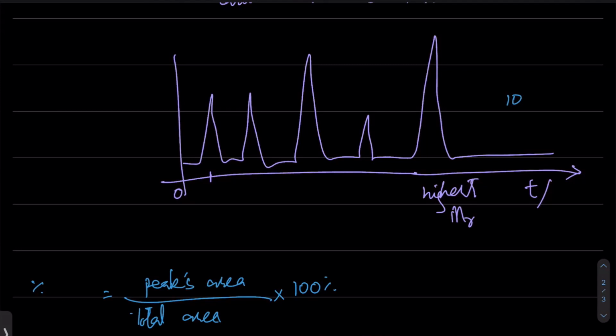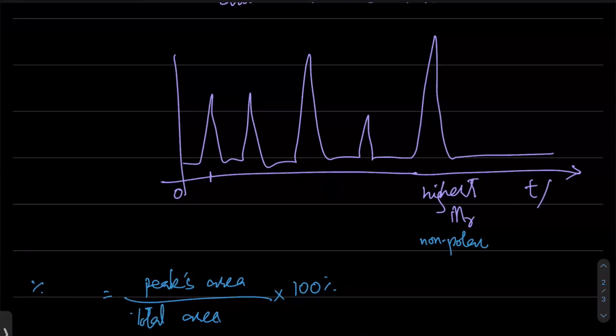Again, just to gauge which one will have lower retention: of course MR plays a role, but van der Waals forces also play a role. If something is heavier then obviously it will come late, but also if it is very non-polar, then too its chance of coming late is higher. Why? If it is non-polar, the stationary phase will also attract it more, so it will slow down more.